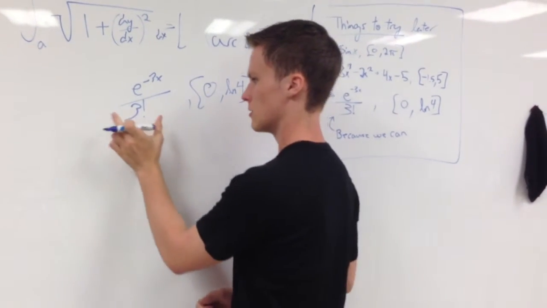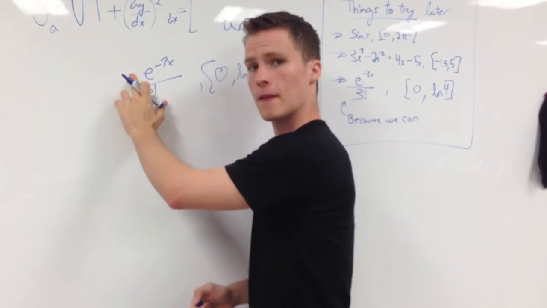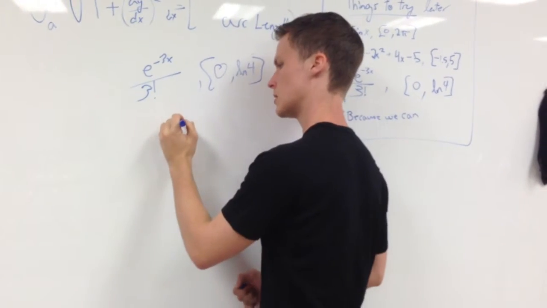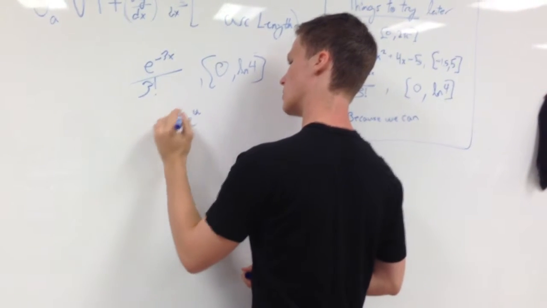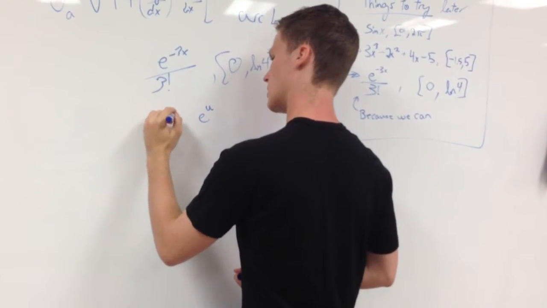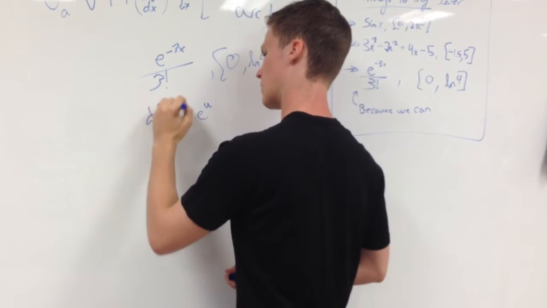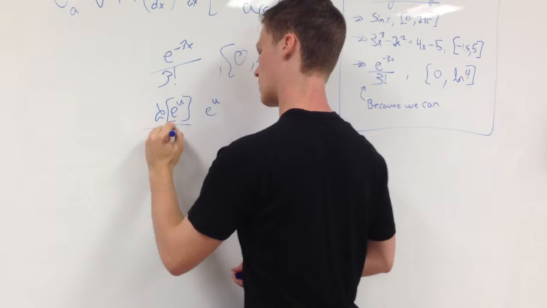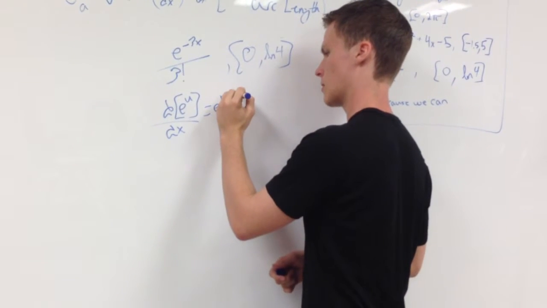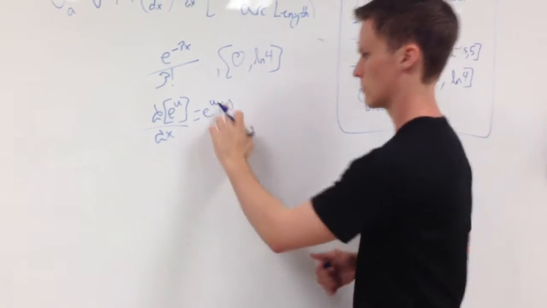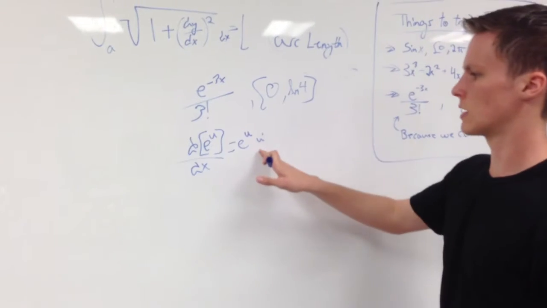So, the derivative of this, since it's an e, what you have to do is, how does it go again? e to the u is equal to e to the u times u prime.